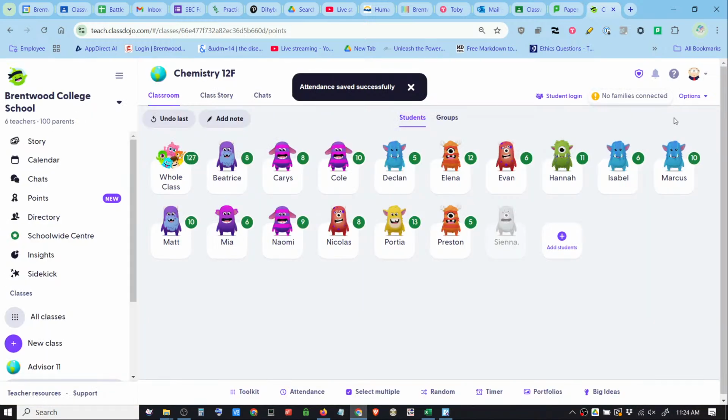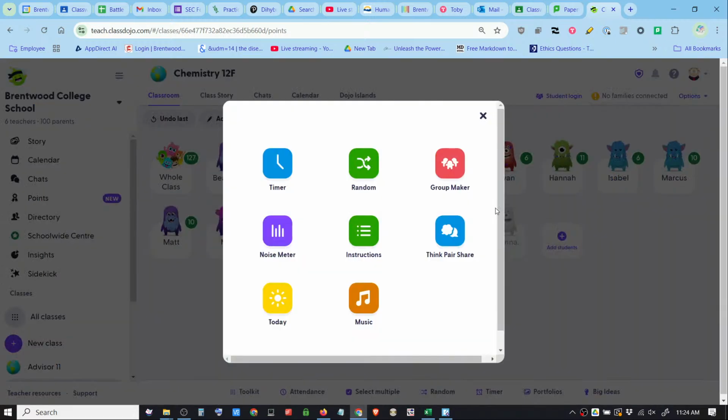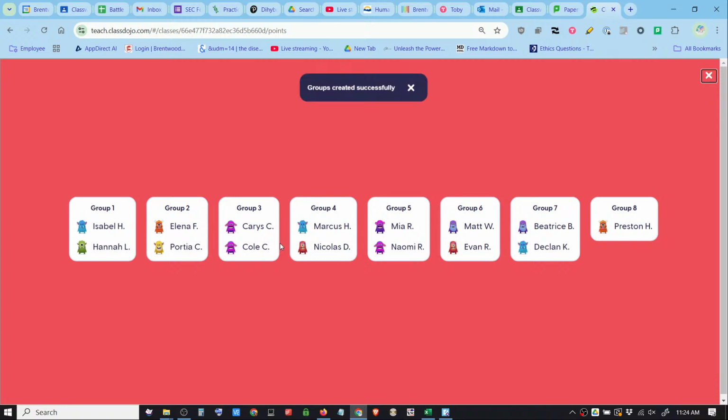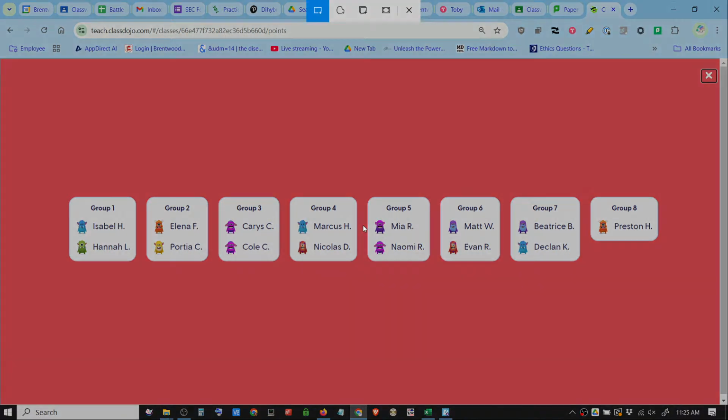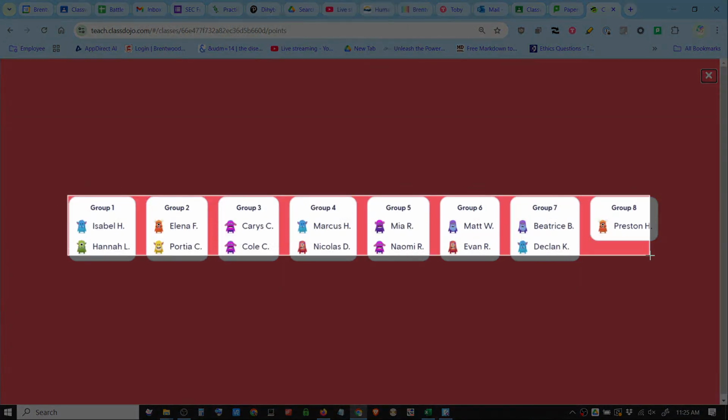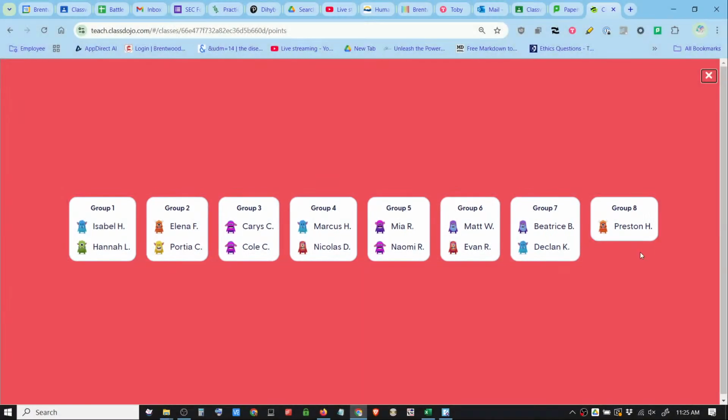It kept Sienna in, and it kept Henry B. Okay, I'll do it again. Still Henry. Maybe it hadn't saved yet. It also didn't take them out. Now we have an odd number, so the person who's the odd person out, Preston, you may join any group you like to make a trio, or lone wolf it and do it on your own. Entirely up to you.